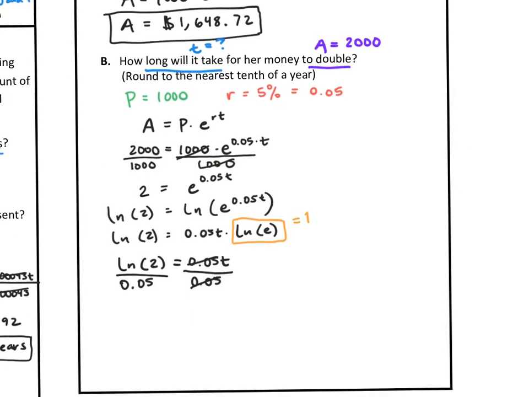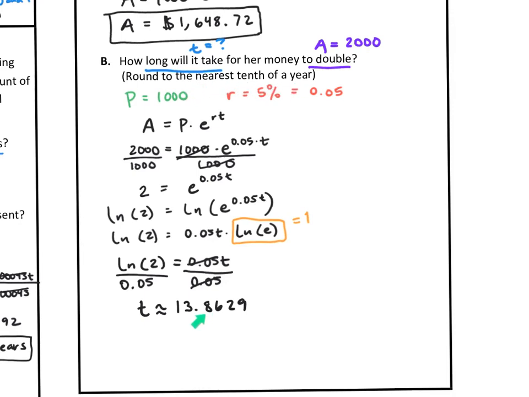If we plug this into a calculator, we end up getting that t is approximately 13.8629. And it says round to the nearest tenth of a year.